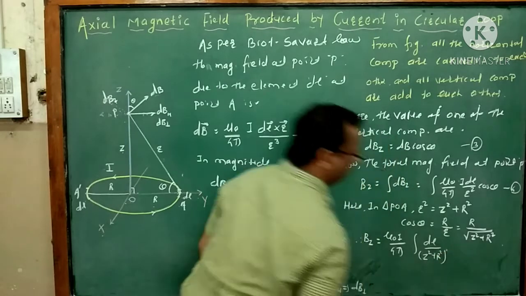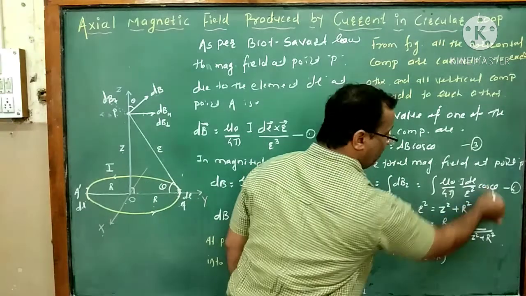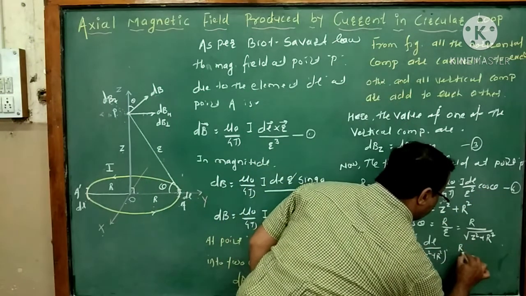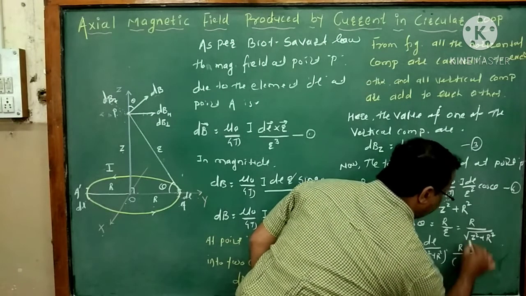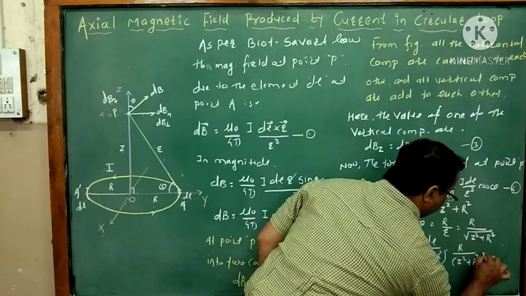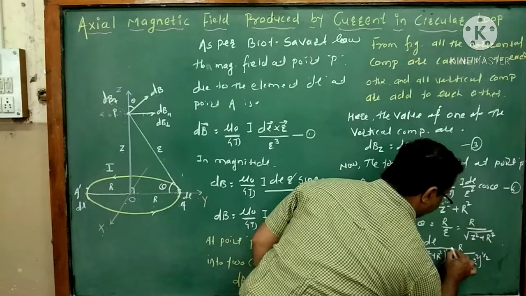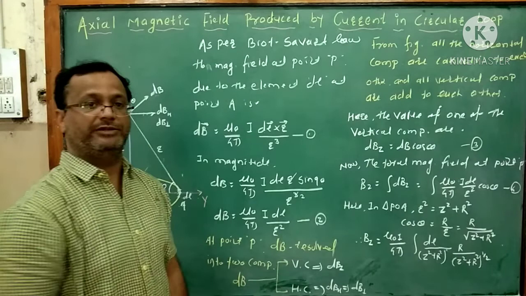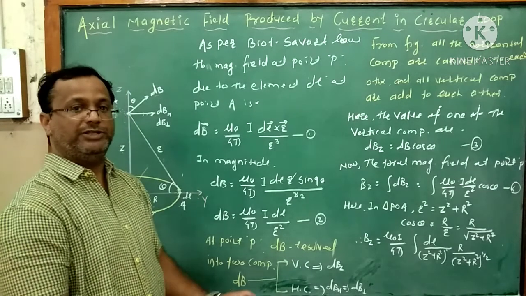Here the power is 1, right? And again the value of cos theta is R upon under root, that is Z square plus r square raised to the power half, right? We get this equation. Up to this point, any doubt?